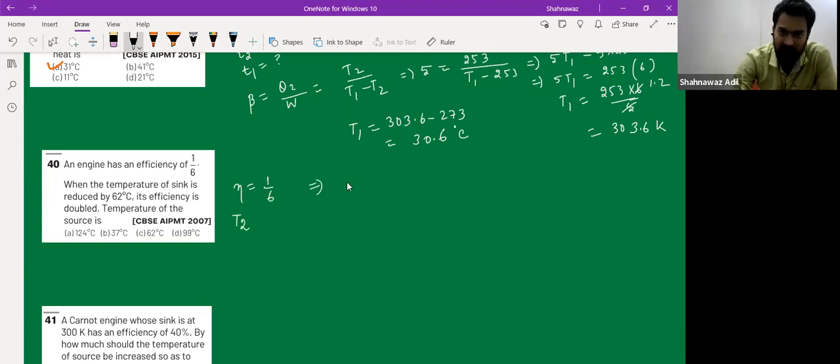So eta is 1 minus T2 by T1. So this is 1 by 6 equals 1 minus T2 by T1. So T2 by T1 is how much?